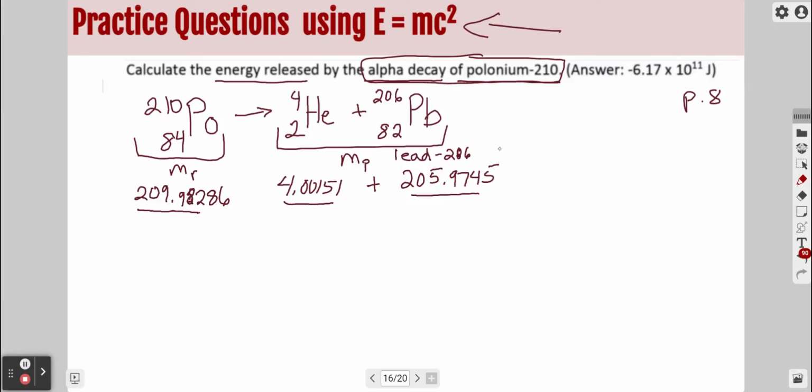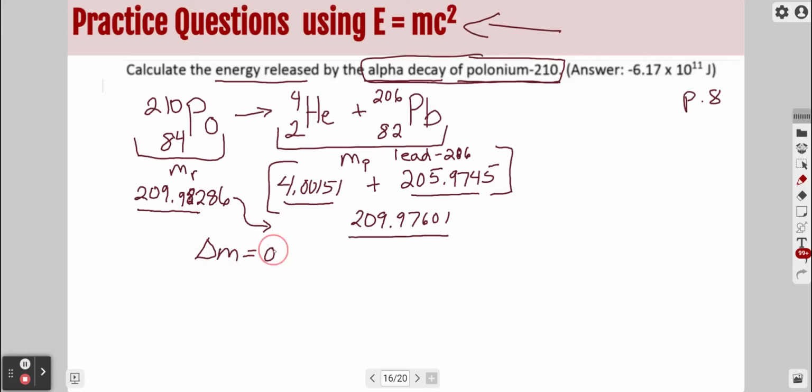We're going to add up our products first and then subtract our reactants to find the difference. Our two products add up to 209.97601, and then I'm going to subtract that from the polonium. That gives us a mass change of 0.00685, and that's negative again.